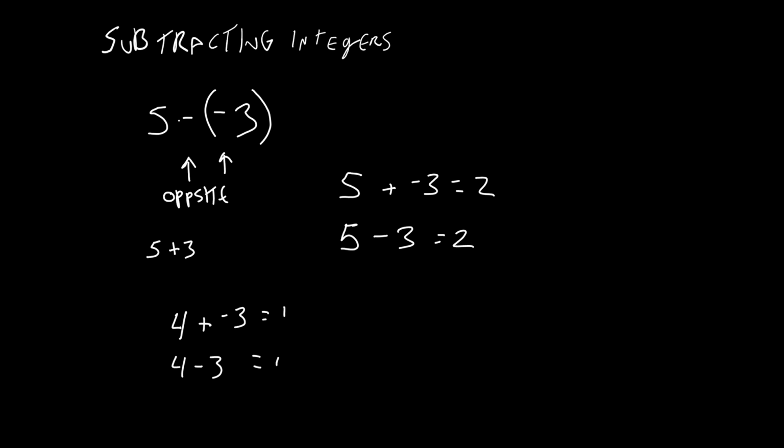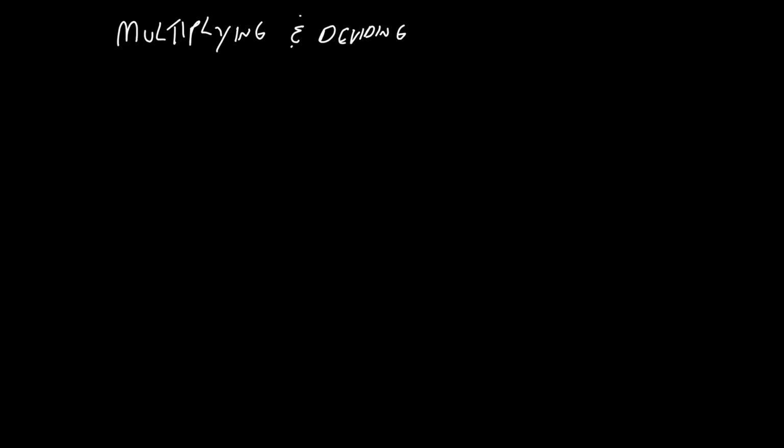For the subtraction, 4 minus 3 would be the same as 4 plus negative 3, which still equals 1. Subtracting and adding integers, once you understand the concept, can be fairly straightforward. It does run into its hassles though when you lose track of how to do it.